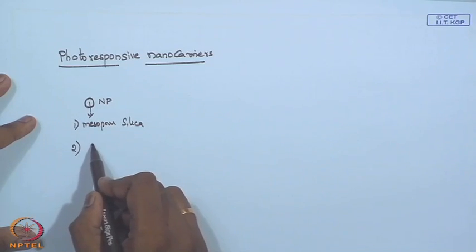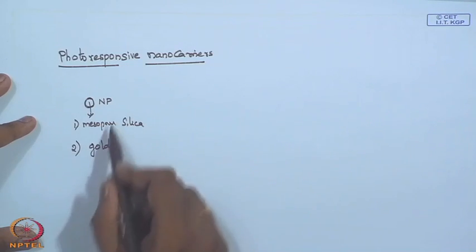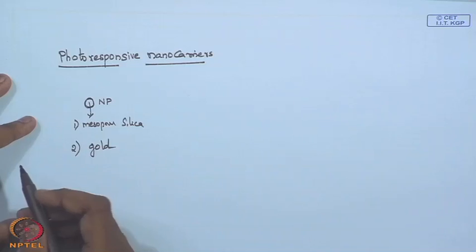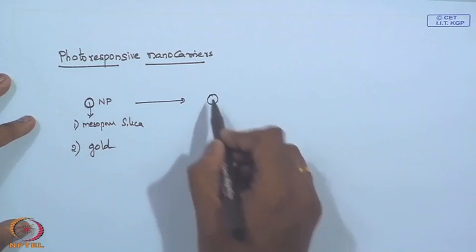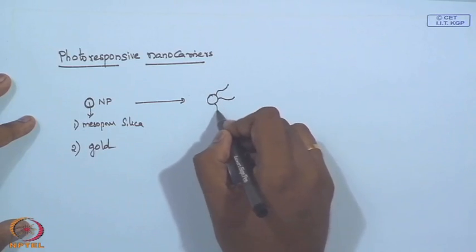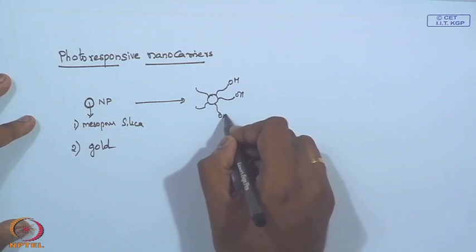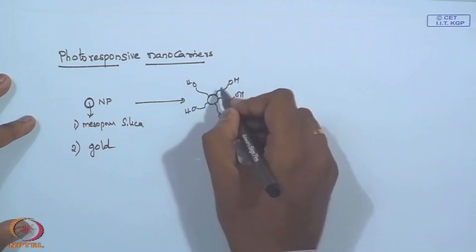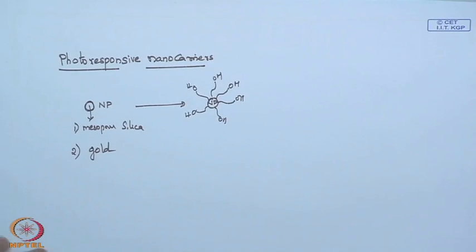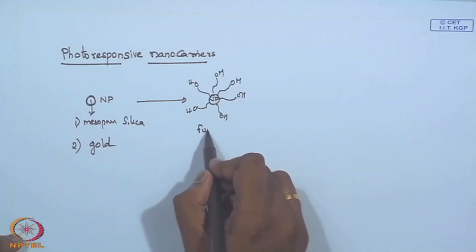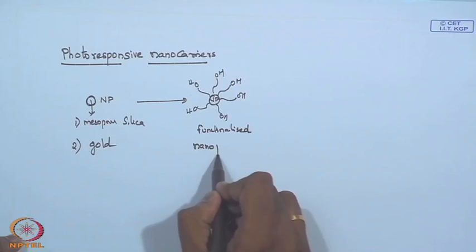People are even using gold, and you have several nanoparticles like that you can use. You functionalize your nanoparticle, so that in the end you have some groups like OH or whatever you want. So you now have a functionalized nanoparticle.